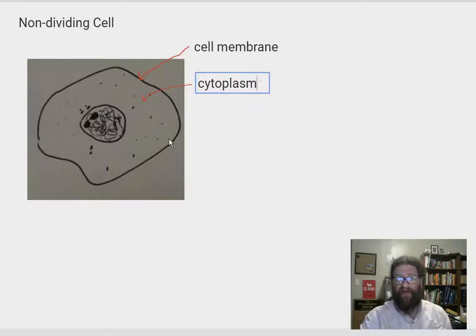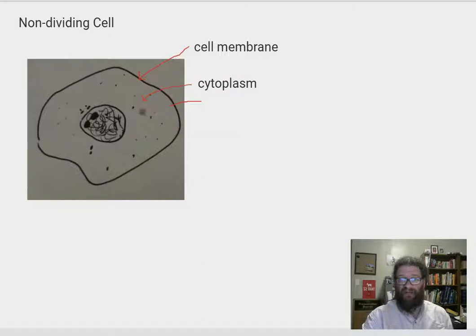Some students note this looks like a fried egg. I call it the fried egg diagram. Here in the middle we have the prominent yolk of the fried egg. It's not the yolk of the cell. Now this gets a little tough to label, but now that I'm using colors, this might make it easier.